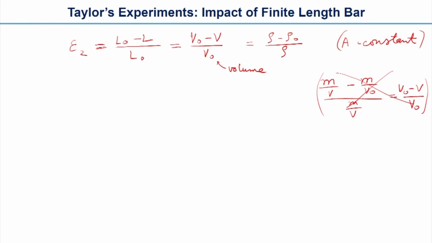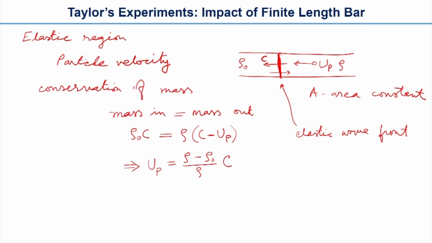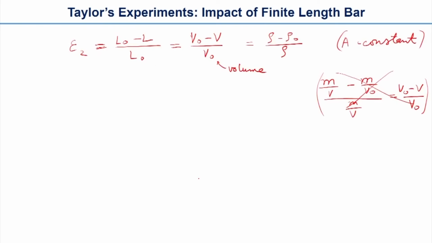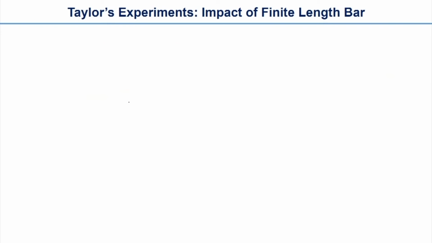So now we understand that the earlier expression we got, rho minus rho naught divided by rho, is related to strain, that is epsilon 2. So then up is equal to epsilon 2 into c.